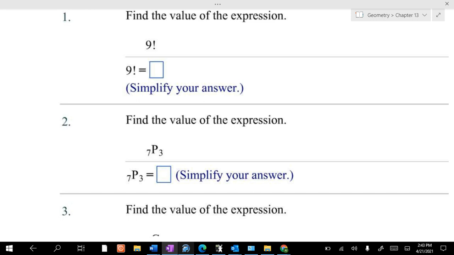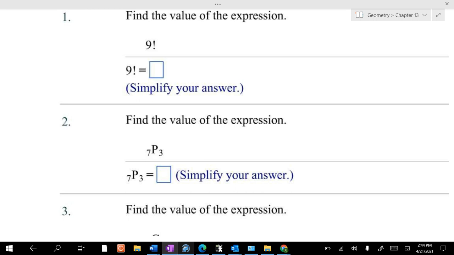What would you do on your calculator? 9 times 8 times 7 times 6 times 5 times 4 times 3 times 2 times 1. Okay? If there was only a button that could do it for us on our calculator.